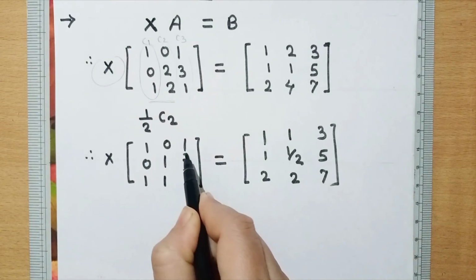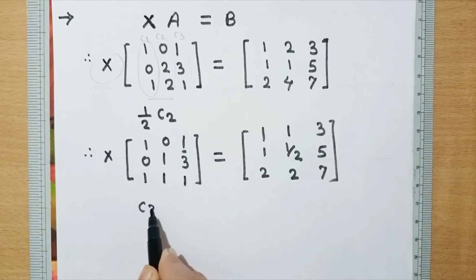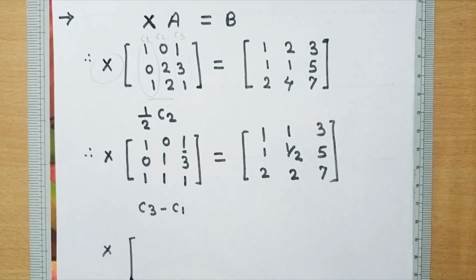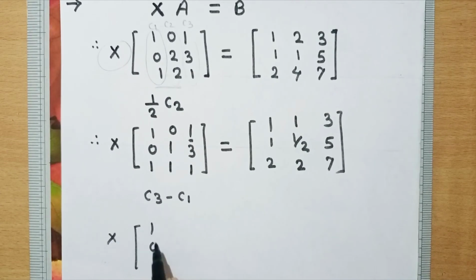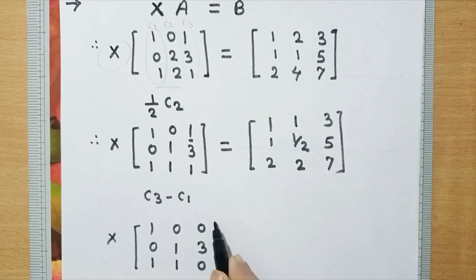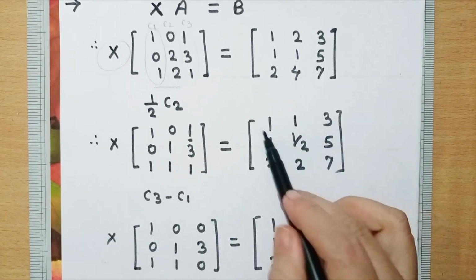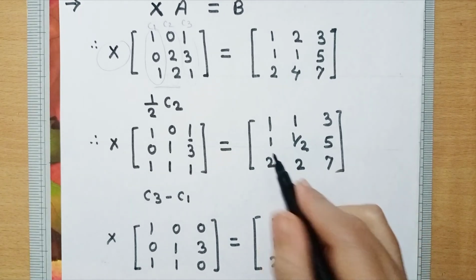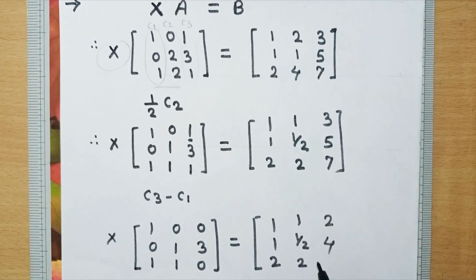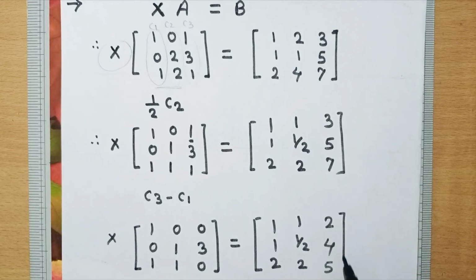Then to make this element 0, C3 minus C1 gives X first two columns as it is 1, 0, 1, 0, 1, 1, 1 minus 1, 0, here 3, here also 0, and that is equal to, now here 3 minus 1, 2, 5 minus 1, 4, 7 minus 2 is 5.